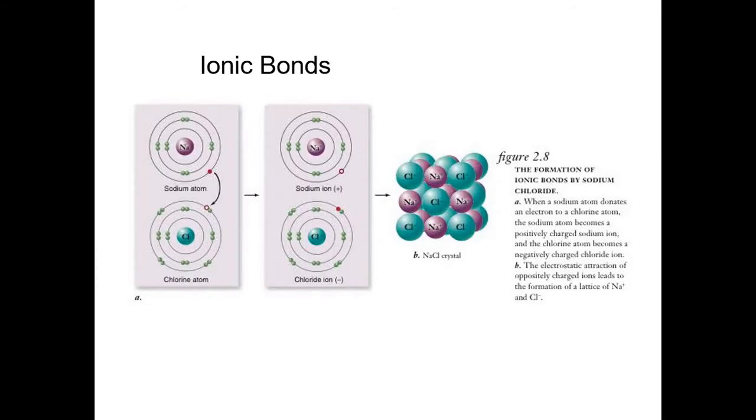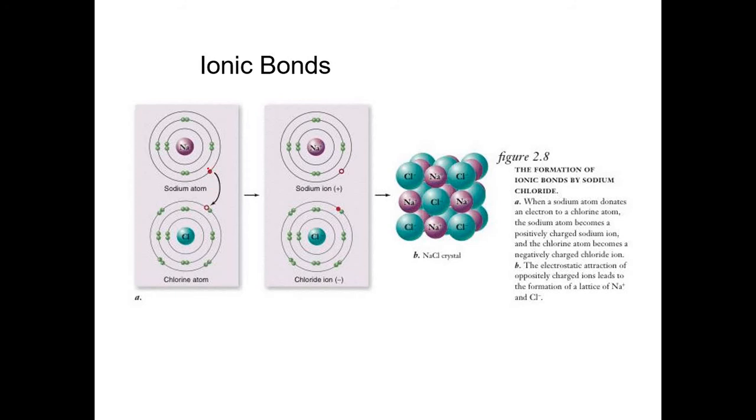So for ionic bonds, for example, you have sodium chloride, that's the table salt. The bond that's present in table salt is called an ionic bond because they are swapping electrons. So from sodium, you have sodium ions. It loses one electron.